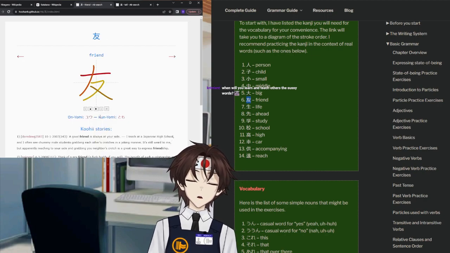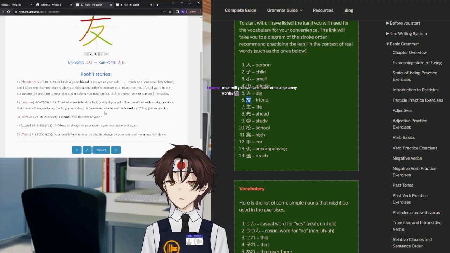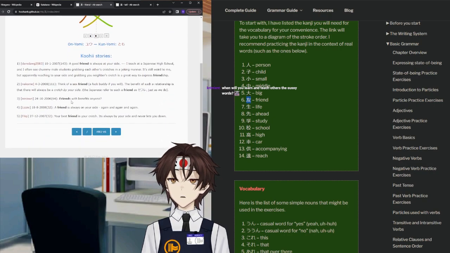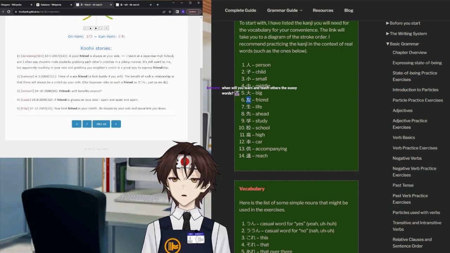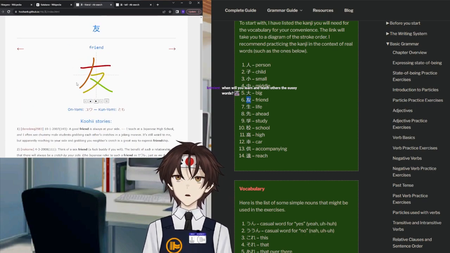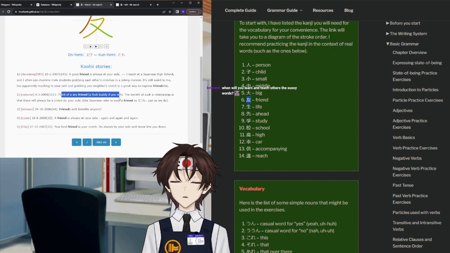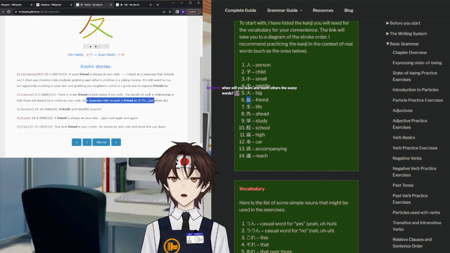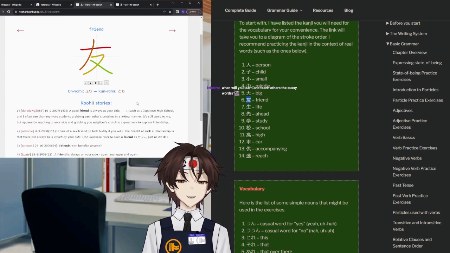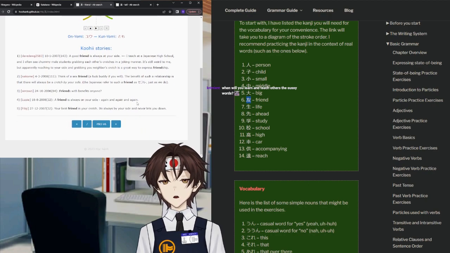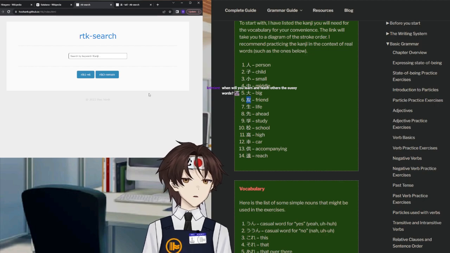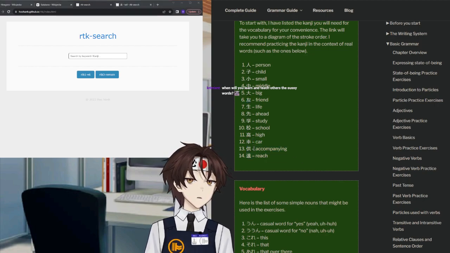Okay, tomodachi, basically when Japanese learners try to figure out this kanji, they think of this, the side friend, right? And I say side with quotes, hoping people will get the meaning. But yeah, you just have to roll with it.